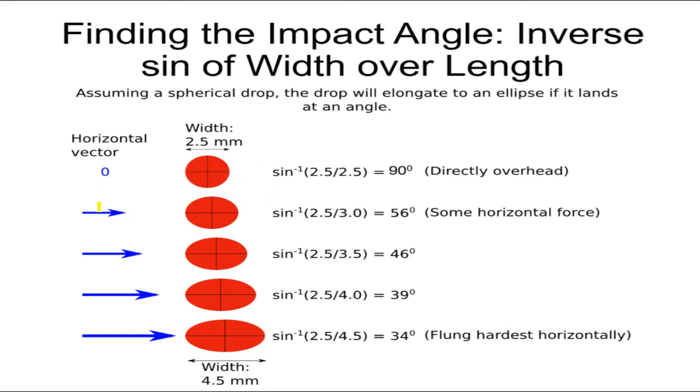Now, if it does not land flat, directly on there, but at an angle, pushed at an angle, here we're talking about some vector that's pushing it to the side. Instead of falling directly here, it's pushed to the side. Then instead of being a circle, it'll be stretched to the side. So that stretching makes the length a bit more.